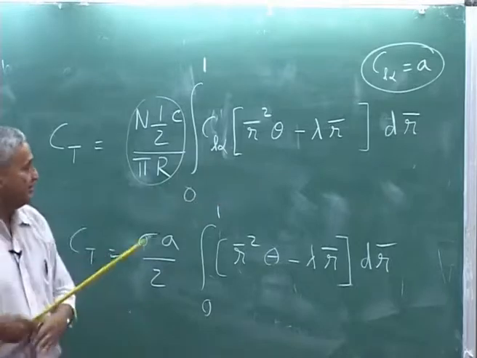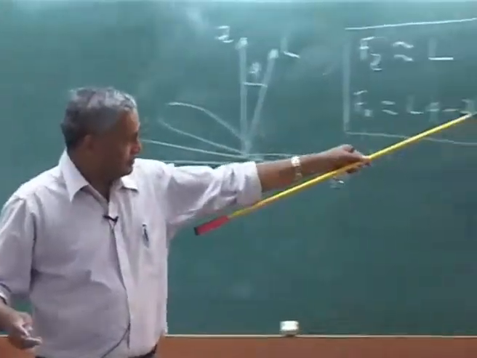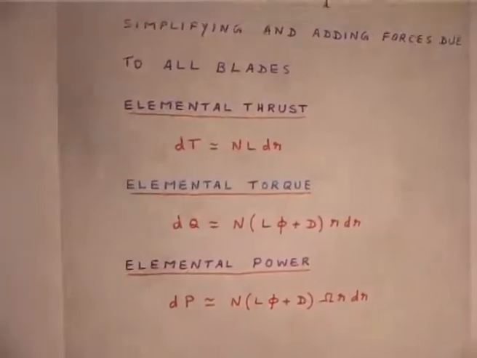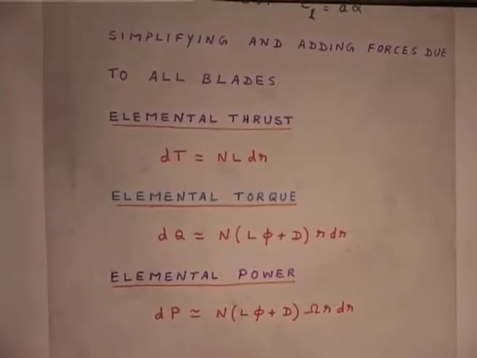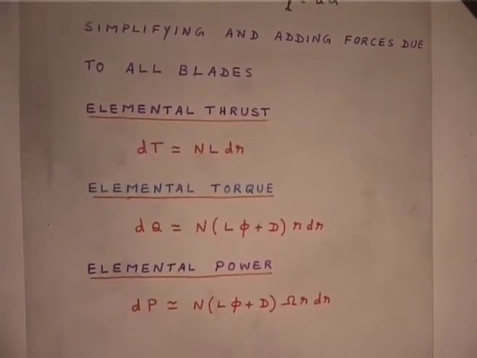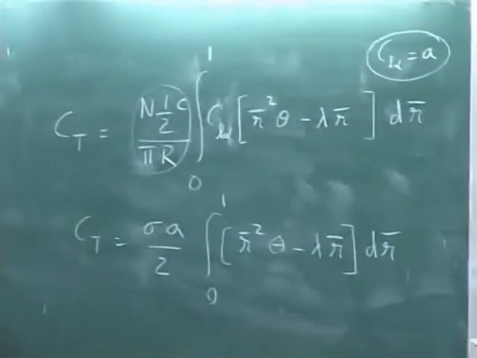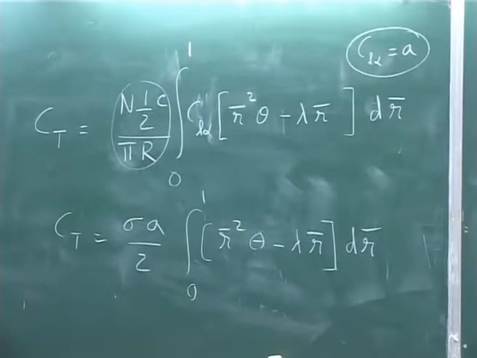If I integrate the dT over r, and normalize, I get this expression. Now, how is my theta varying along the blade?